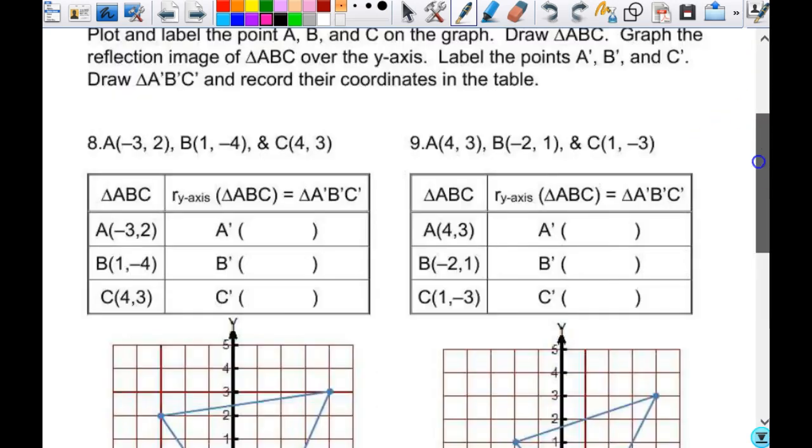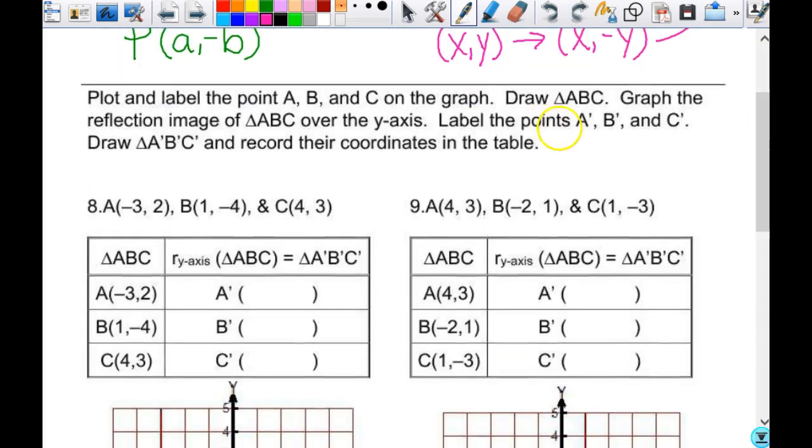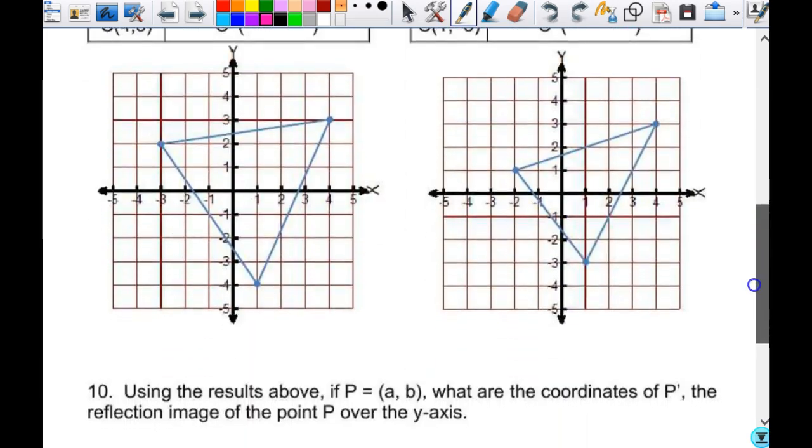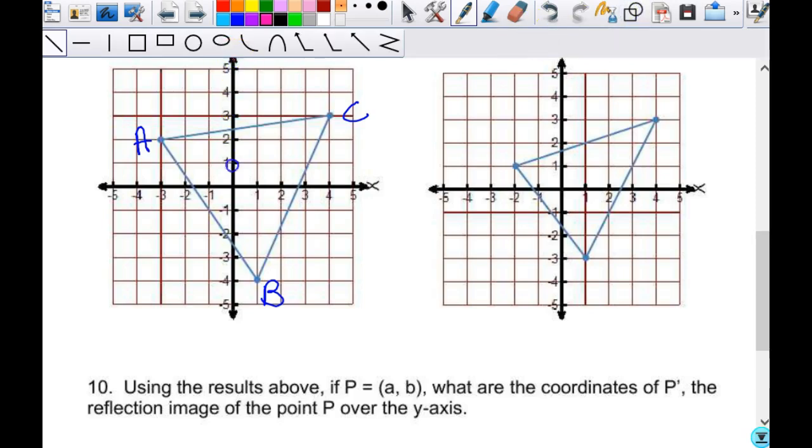All right, so now let's look at the graphs for this one. In this one, we are reflecting across the y-axis. So we're going to start by labeling these points first. A, B, C. I'm going to draw in my line of reflection, which is the y-axis.